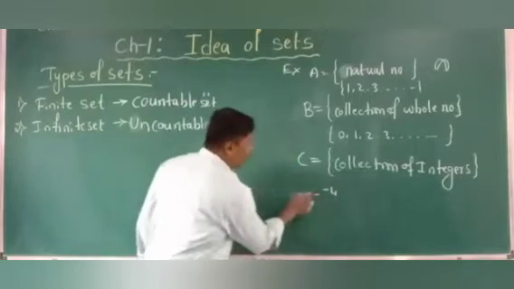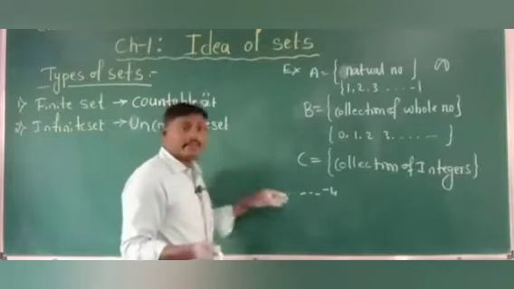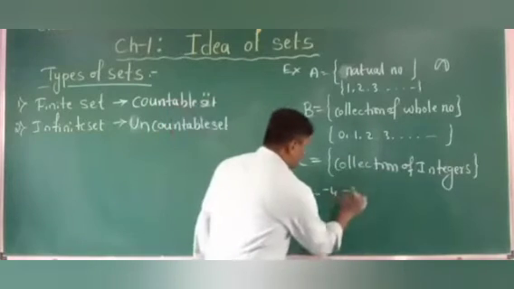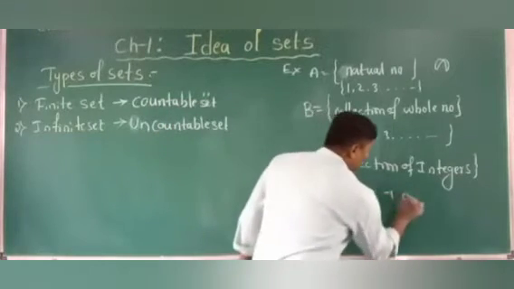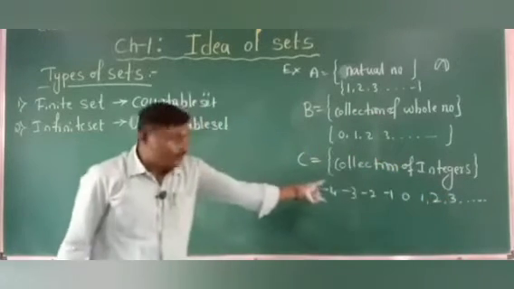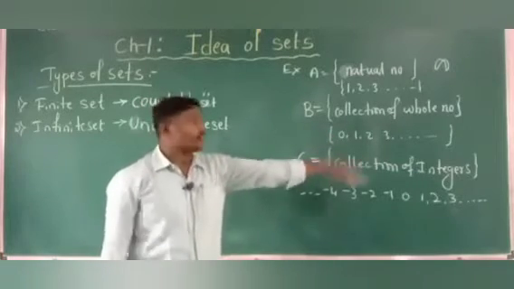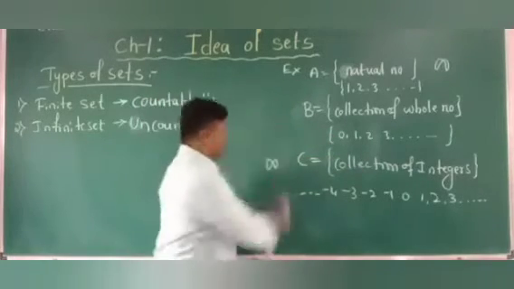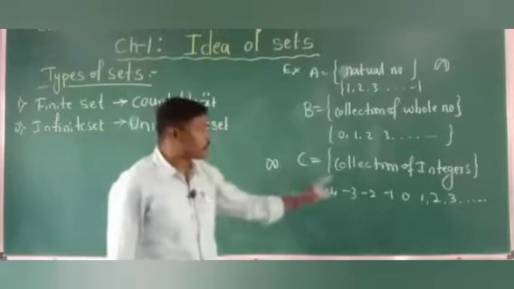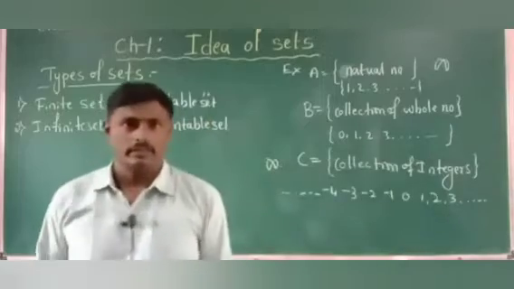These dotted points, I already told you in the previous classes, indicate the series is in continuous form. -3, -2, -1, 0, 1, 2, 3 and so on. So can we count these numbers which are existing in set C? No, because it is a purely uncountable set, because it has infinite number of elements in set C.